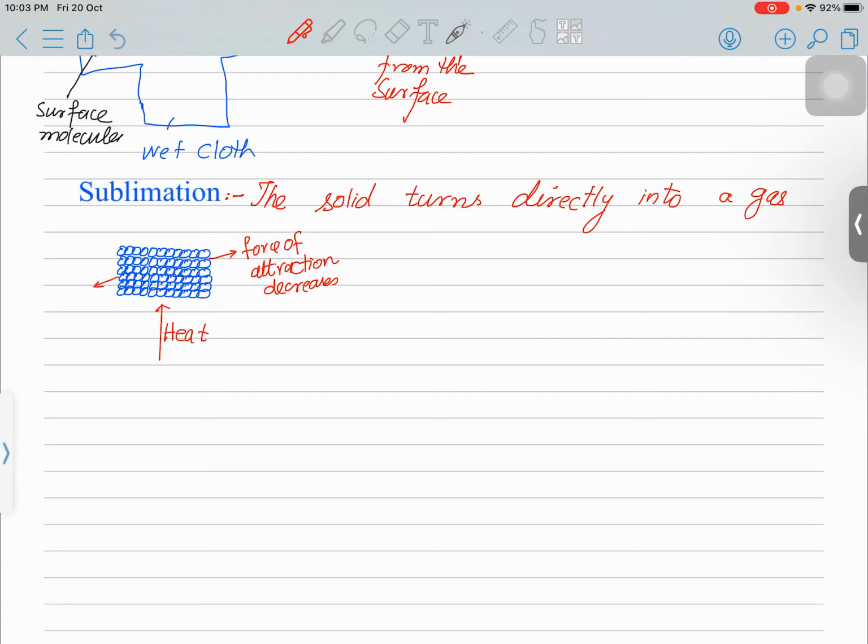They lose any order. They are free to move and form a gas.